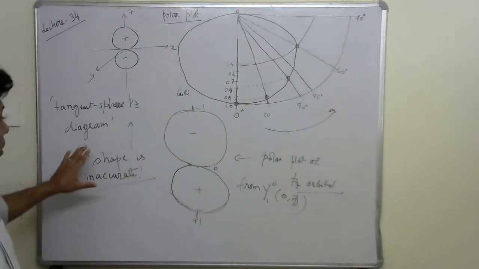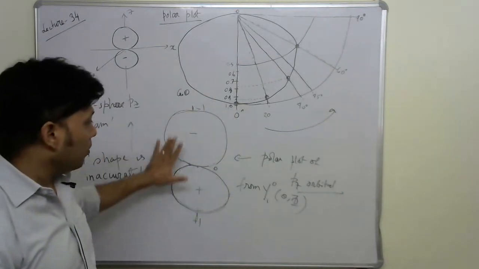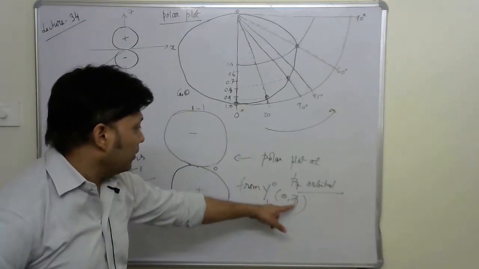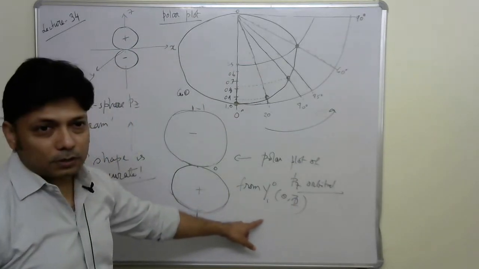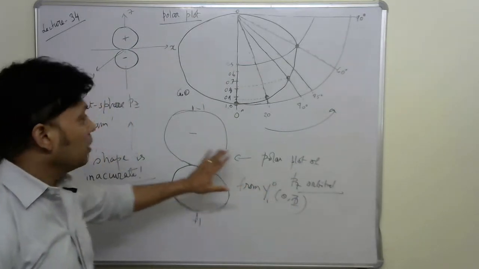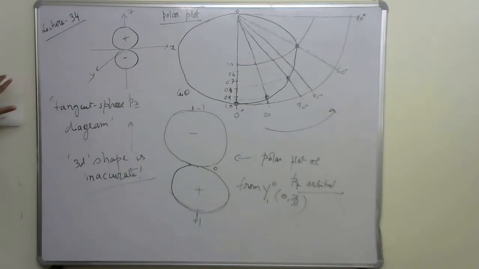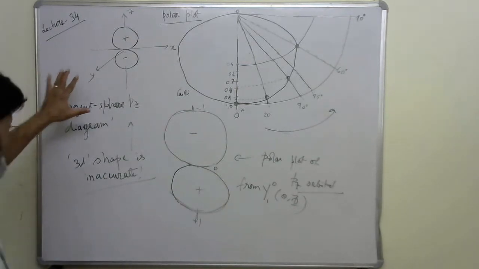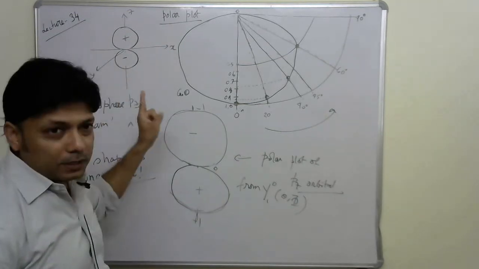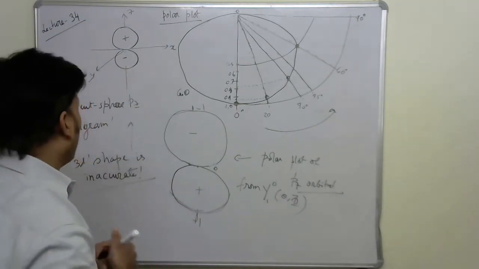Let me tell you that the polar plot we have drawn is generated from the spherical harmonics. So this can be best represented as the shape of the angular part of the pz orbital. Let me write it here once again.